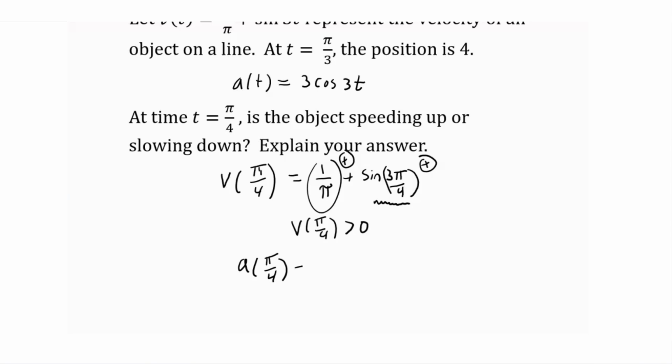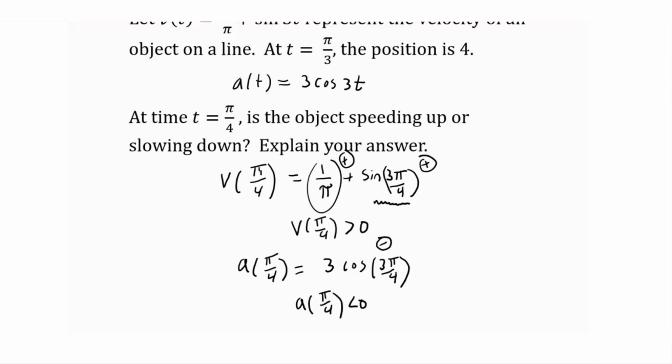We would get 3 cosine of 3 pi over 4. Again, we're in quadrant 2. The difference here, though, is we're dealing with the cosine. So the cosine of 3 pi over 4 is negative, which means that a of pi over 4 is less than 0. So the answer here would be the object is slowing down.